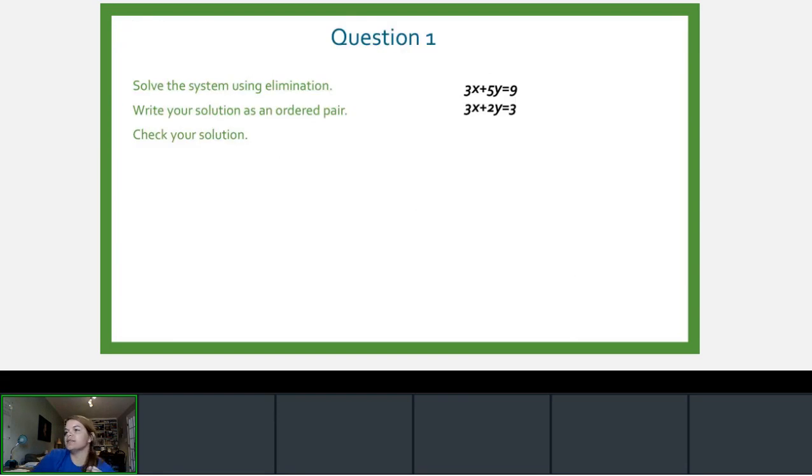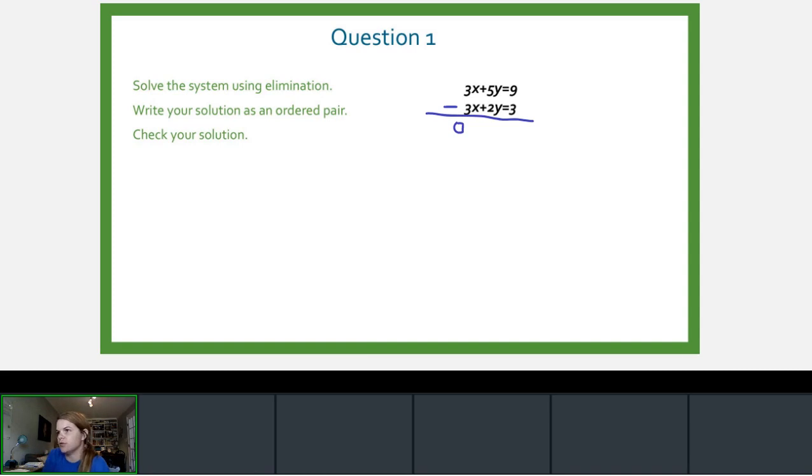So let's do some together. We're going to solve this system using elimination. Write your solution as an ordered pair and check your solution. First, let's look at the coefficients. We have 3 and 3 for x. That is perfect. Since they are the same signs, both positive, this time we are going to subtract. 3x minus 3x is 0.